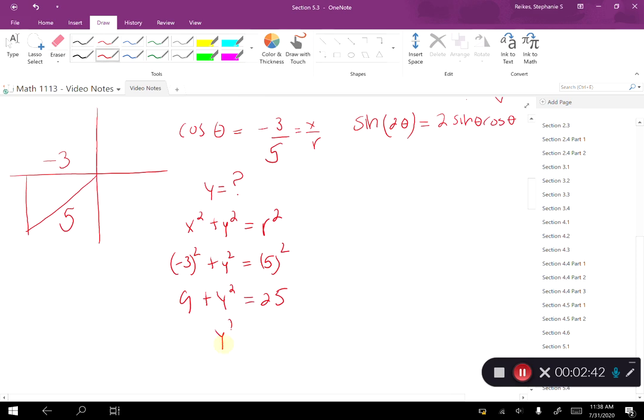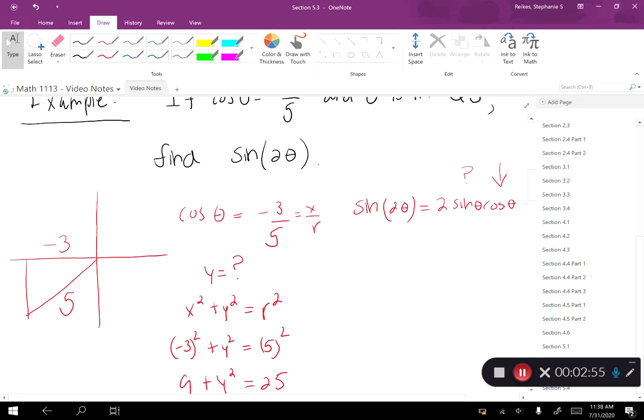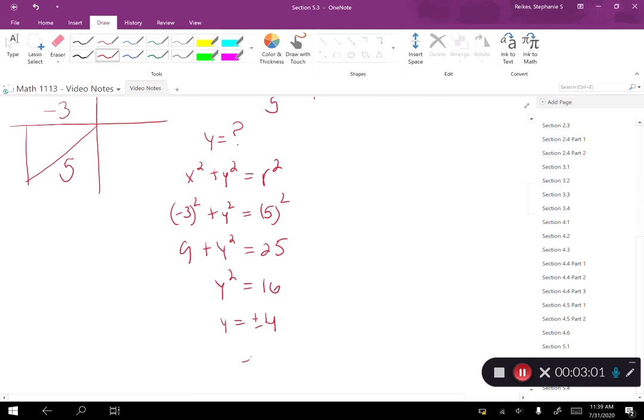Subtracting 9 to the other side, I get 16, and therefore y is square root of 16, which is 4. Now normally it's plus minus, right? But remember, we're in quadrant 3, and in quadrant 3, my y value is negative, so I want the negative 4 for this particular problem.